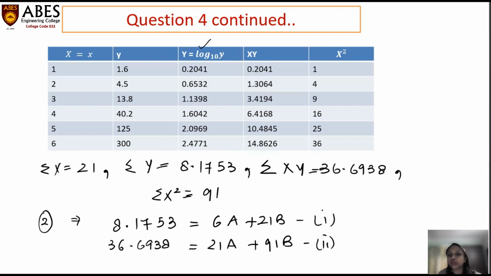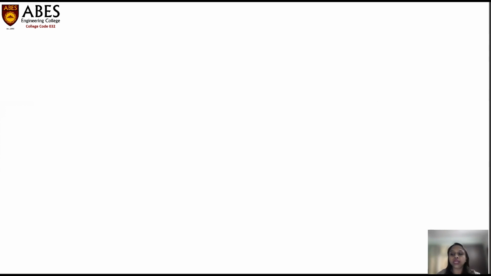Now we need to solve equation number 1 and 2. We can solve it by multiplying this equation by 7 and this equation by 2 and then subtracting them. On subtracting them, we will get capital B as 0.4617, and putting the value of B in either equation 1 or 2, we will get capital A as minus 0.2534.